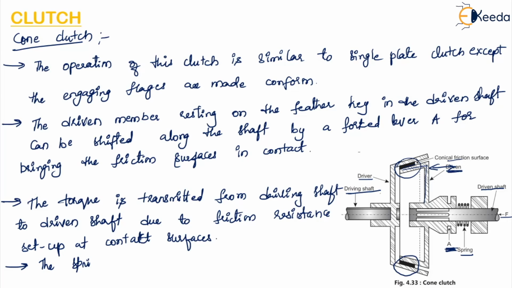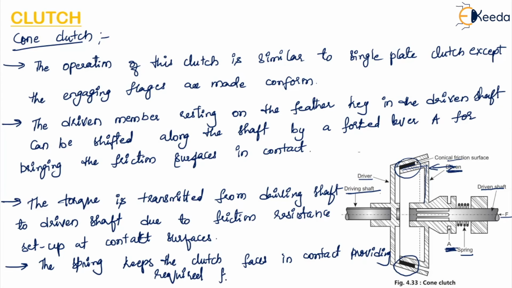The spring keeps the clutch faces in contact, providing the required force. The cone angle, so here you can see this is a conical frictional surface. The cone angle which is provided lies between 10 to 15 degrees depending upon the frictional material selected.